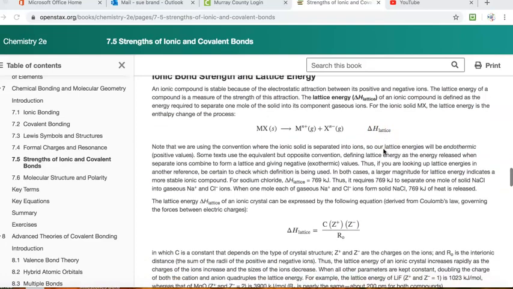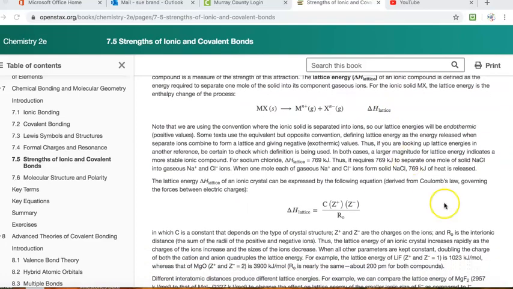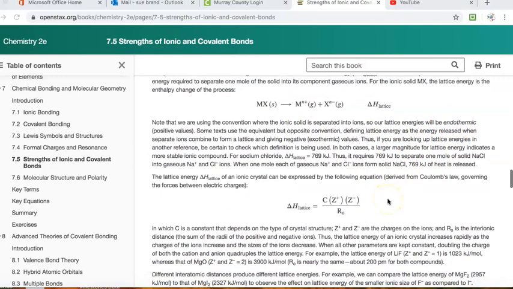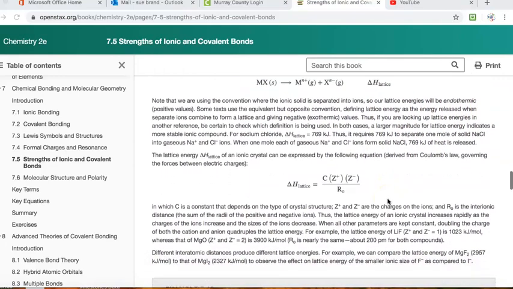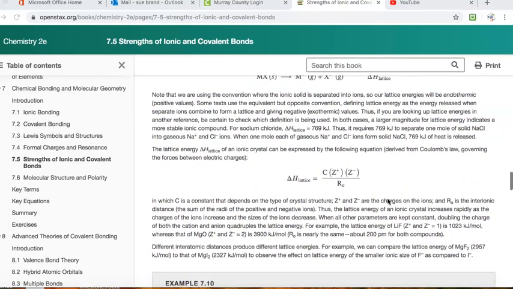Okay. So lattice energies are endothermic, or positive values. And we need to learn a little bit about comparing the different lattice energies for different ionic compounds. All right. For sodium chloride, the lattice energy here is 769 kilojoules.